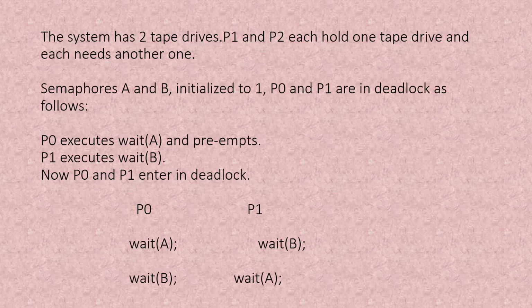Process P1 executes wait B, indicating it is waiting for semaphore B to be available. P0 preempts P1 and now both processes are in a waiting state: P0 waiting for A and P1 waiting for B. This creates a deadlock because neither process can proceed since they are both waiting for a semaphore held by the other.